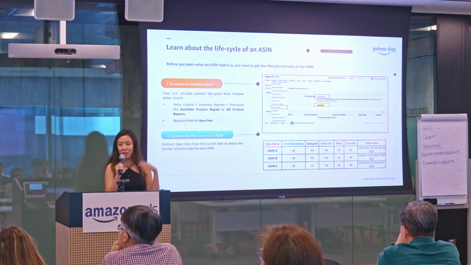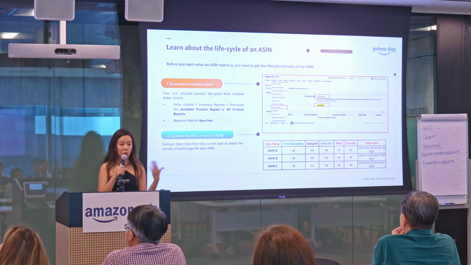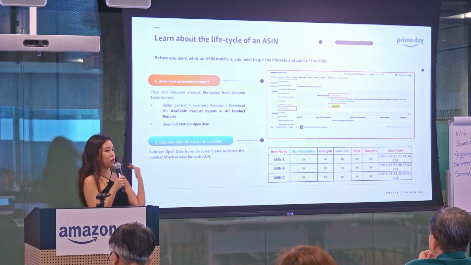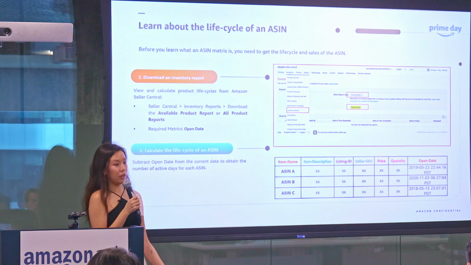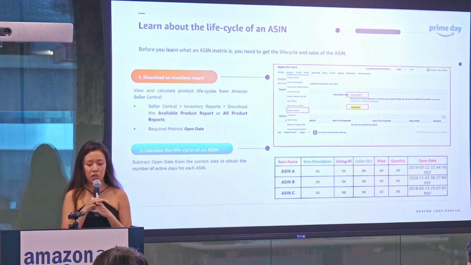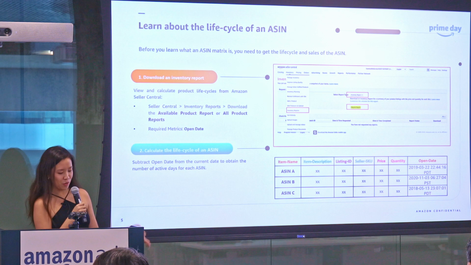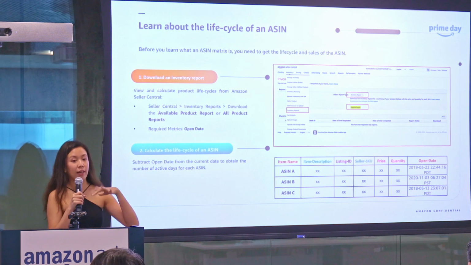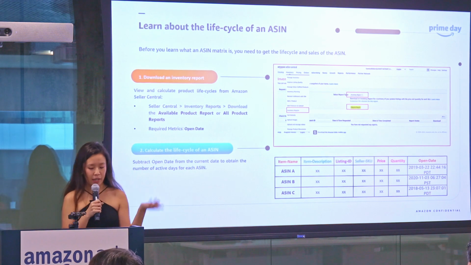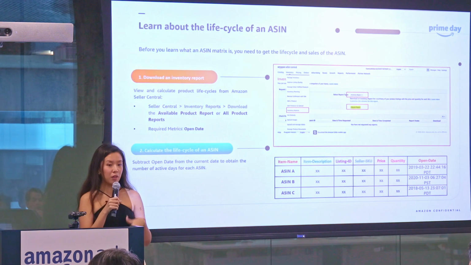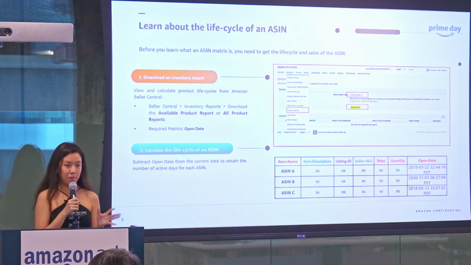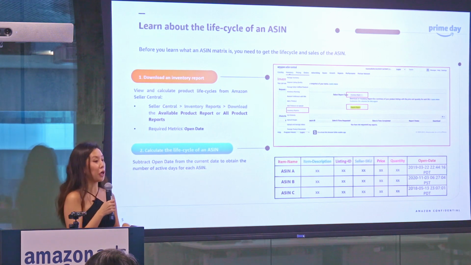For the sellers who've forgotten or don't know about the ASIN matrix, you need 2 pieces of information. Firstly, you want to know the life cycle of your ASIN. Across all the different ASINs that you have, download an inventory report, find the launch date or open date of your ASINs, and calculate from the moment you're setting up your advertising campaign how long that ASIN has been live.